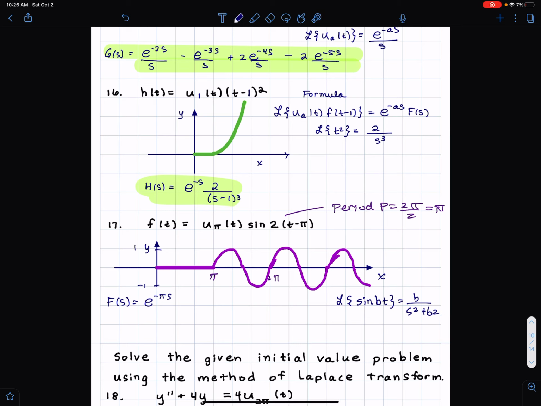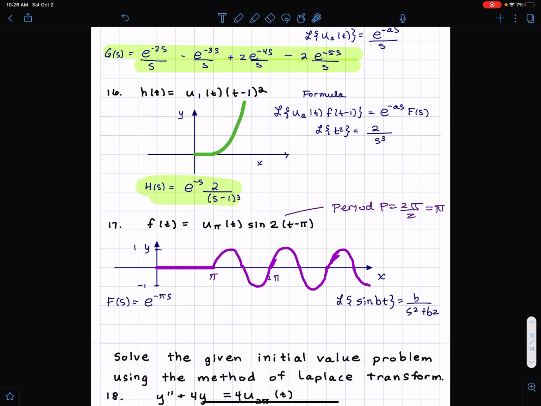Let me just point out that we're trying to find the Laplace transform of sine of 2t minus pi.